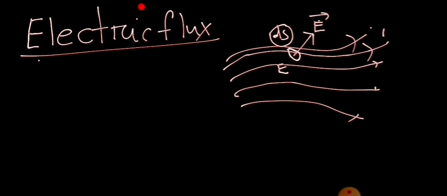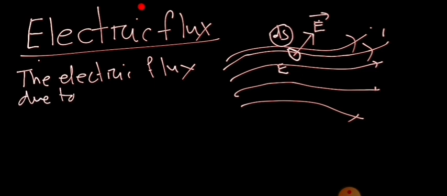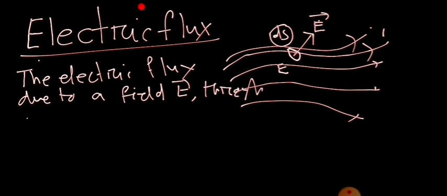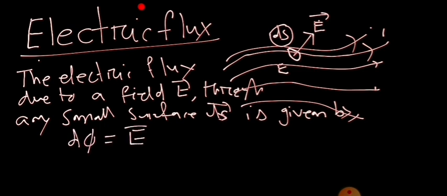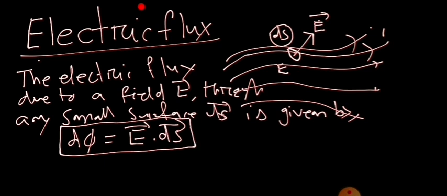The electric flux due to a field E through any small surface ds is given by d phi is equal to E dot ds, that is the dot product between the electric field intensity vector and the small area ds.